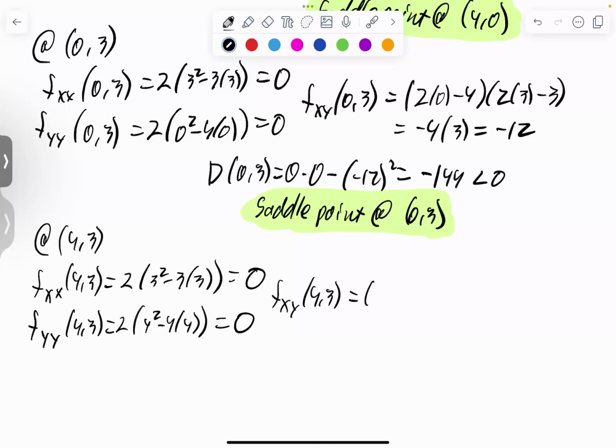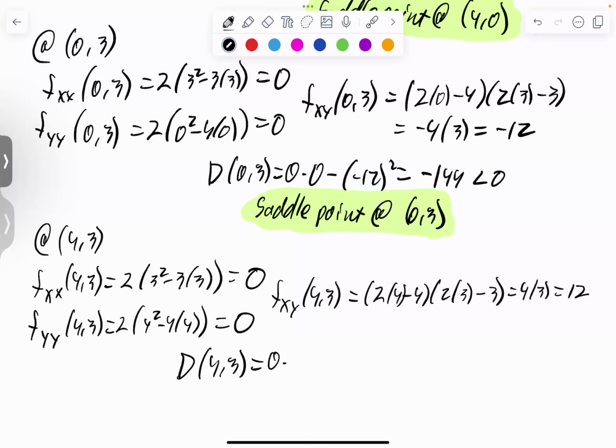So now we're going to have 2 times 4 minus 4 times 2 times 3 minus 3. So that gives us 8 minus 4, which is 4. 6 minus 3 is 3. That once again is 12. So D at 4, 3 is 0 times 0 minus 12 squared, which once again is negative 144.